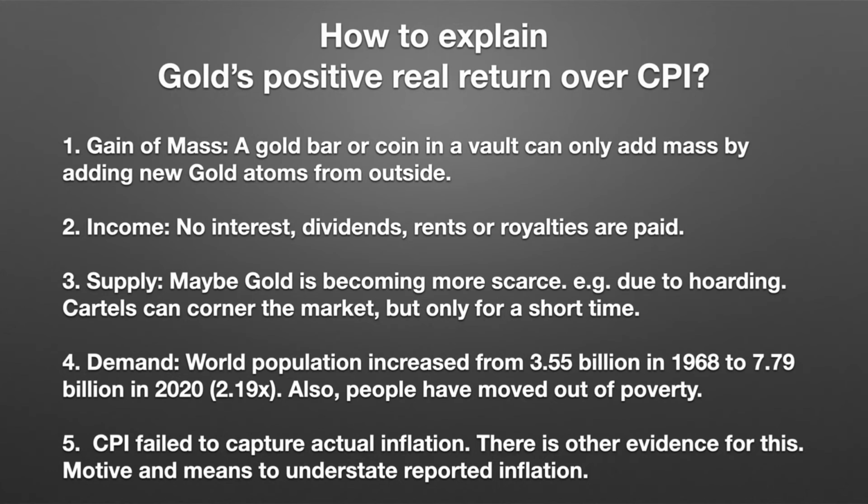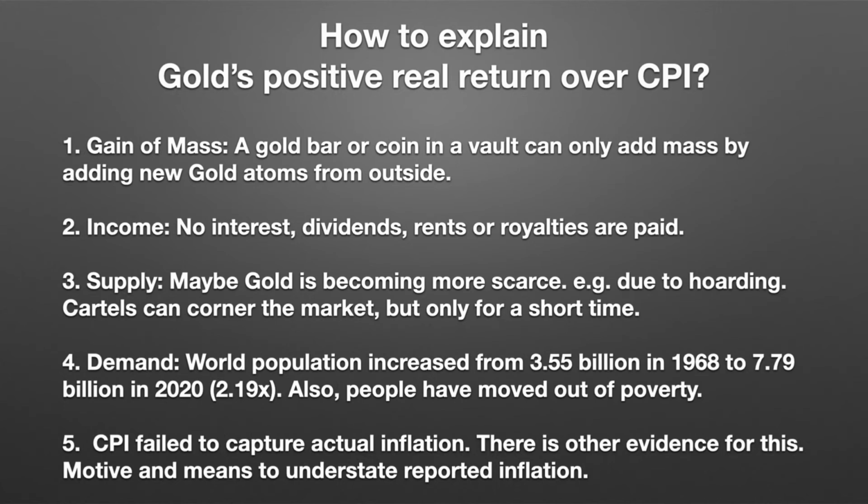But I'm not aware of any bank that does that. In fact, everybody I know that has gold in their vault, it does not earn any interest or dividends or rents or royalties. It doesn't pay any of that. So I'm going to have to reject the second one too. There's no income from gold to give it a positive real return over CPI.